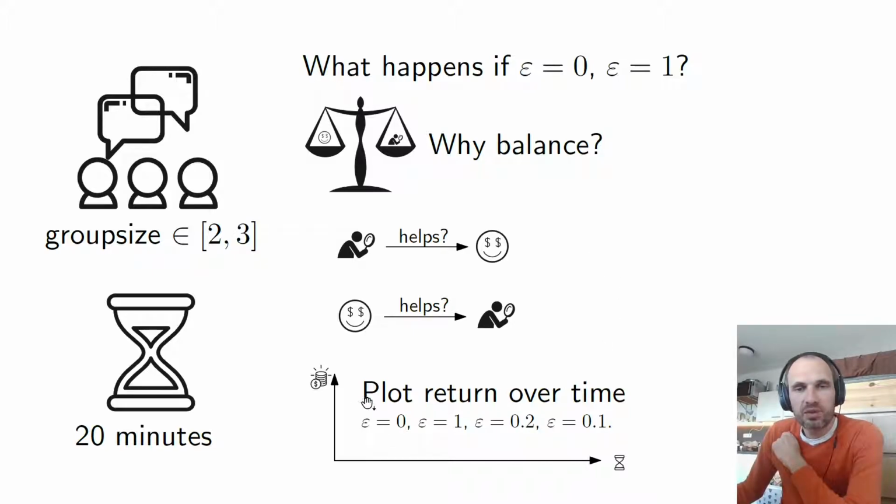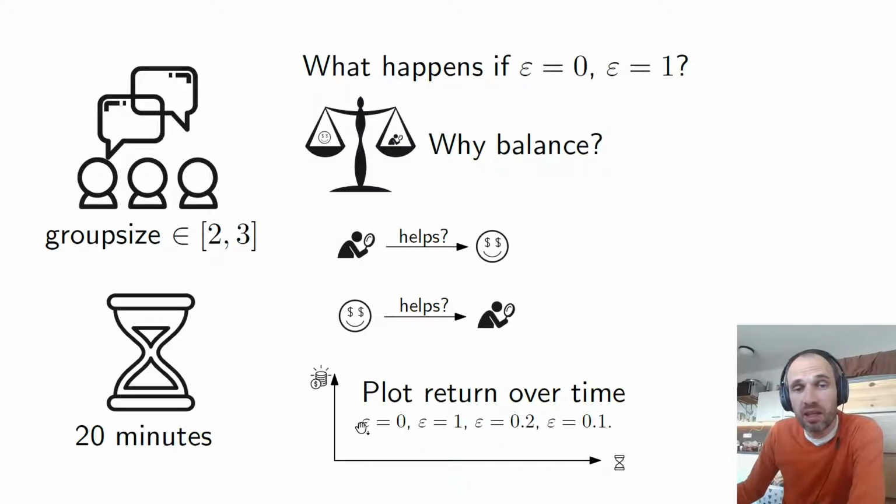Another exercise is to plot the returns over time. Let's idealize it and think about an idealized situation, where for different epsilons, you imagine how much return you would get over time.